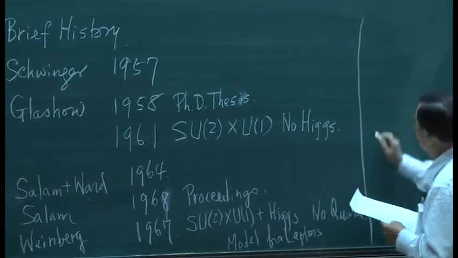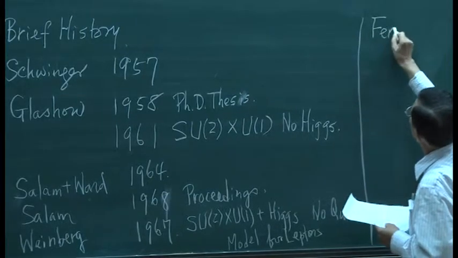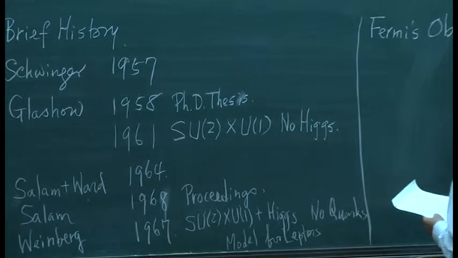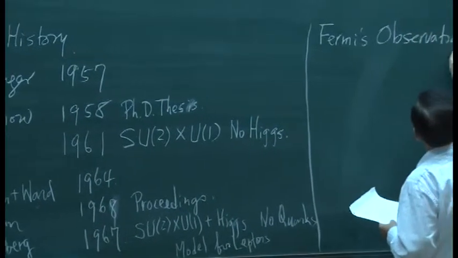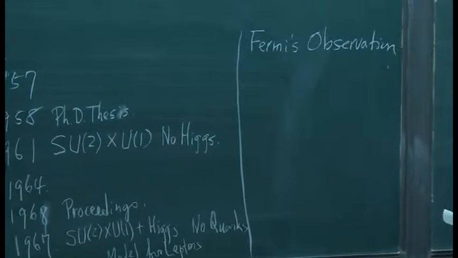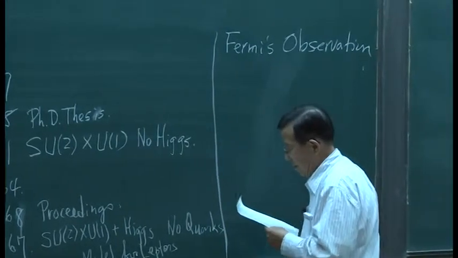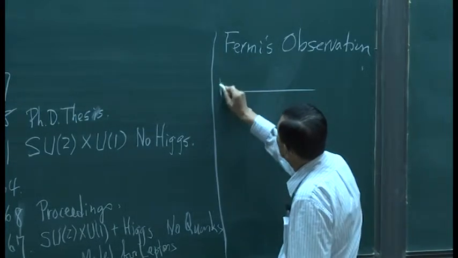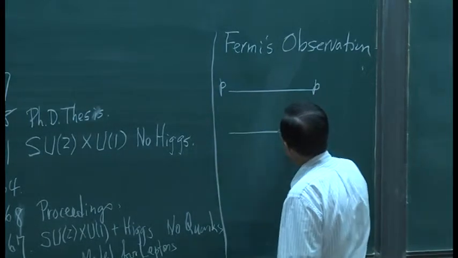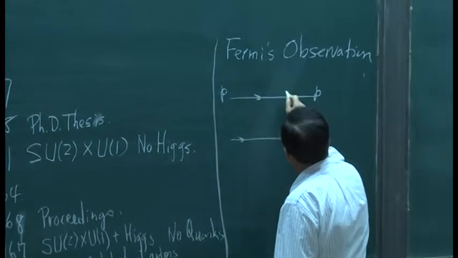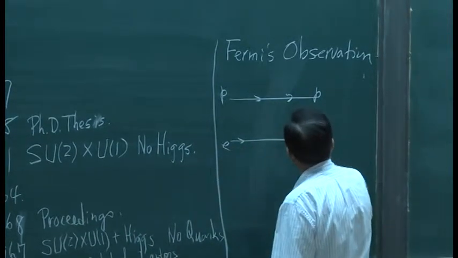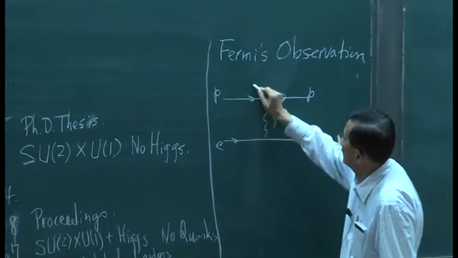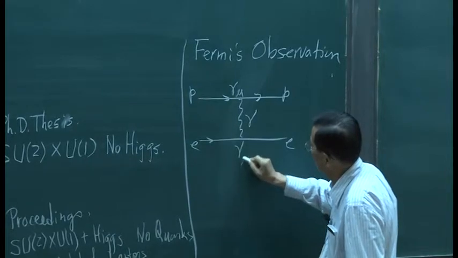Let's start from Fermi's observation. If you compare the proton and an electron interaction, electromagnetic interaction with a photon, you have gamma mu and gamma mu there.